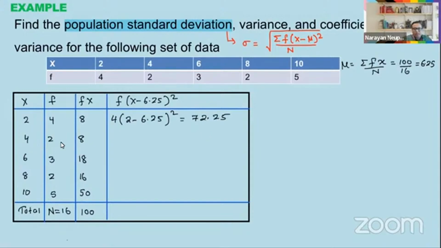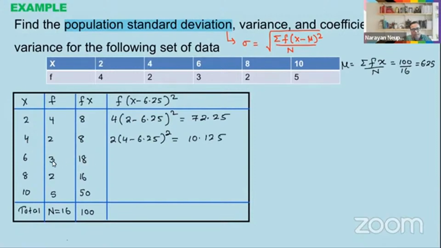Similarly, for the next row here, frequency is 2, x value is 4, and then minus 6.25, quantity squared. If you simplify that, you get 10.125. Now we go to the third row here.